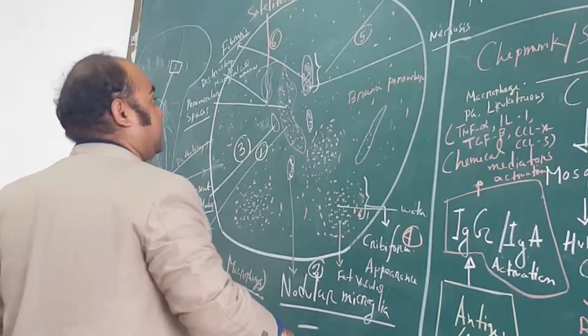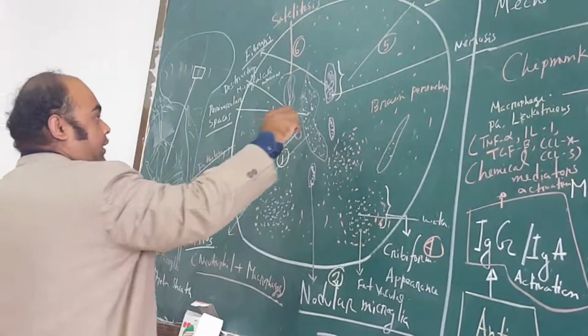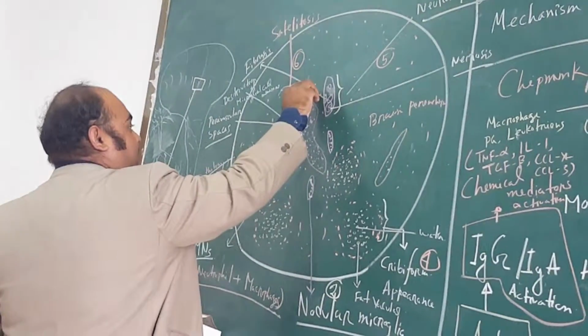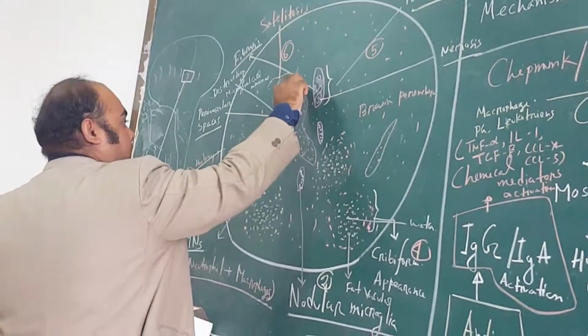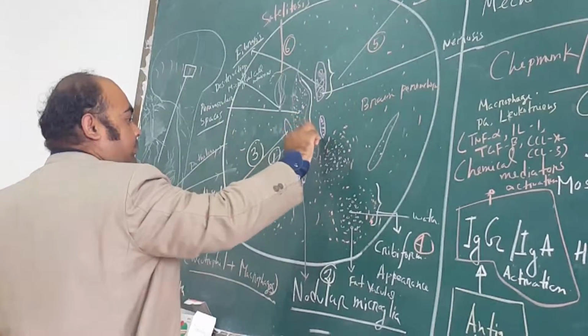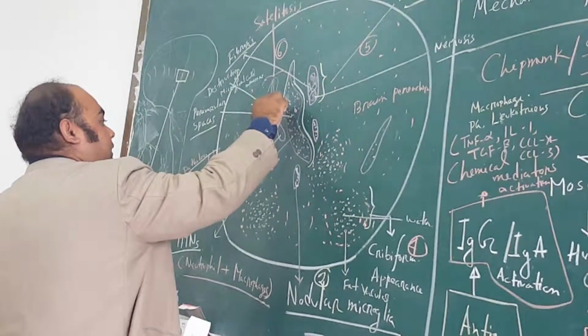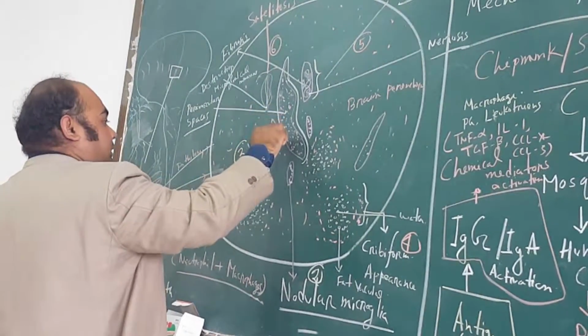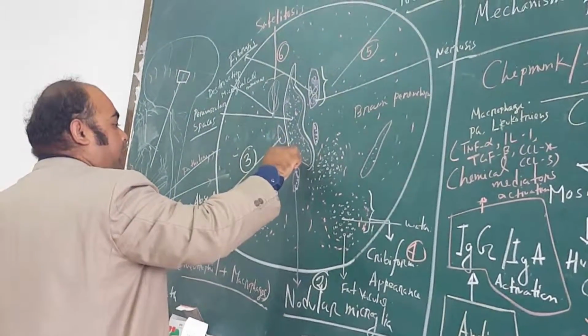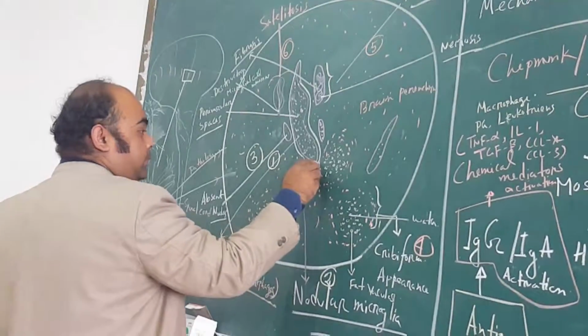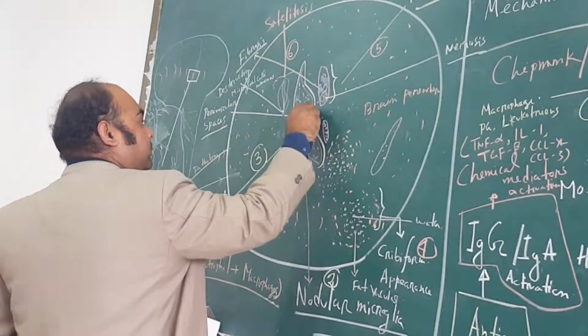And last of all, you can also say around the vessels there is a degenerative myelin sheath. In the perivascular area, there is a degenerative myelin sheath. What will happen? Some areas become ruptured and some areas become thickened. Both happen.